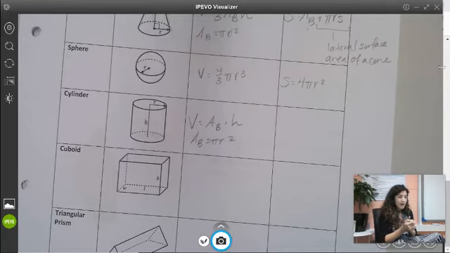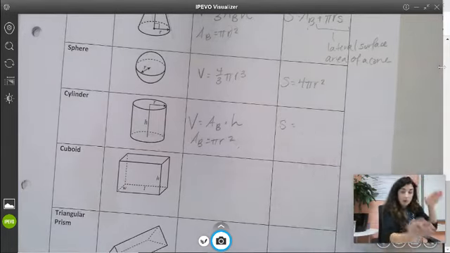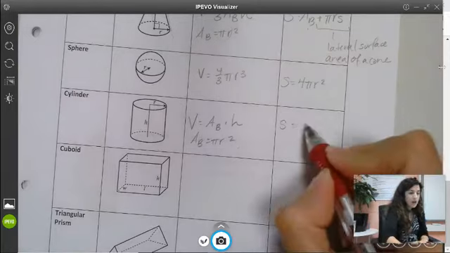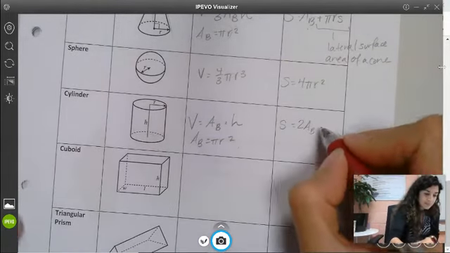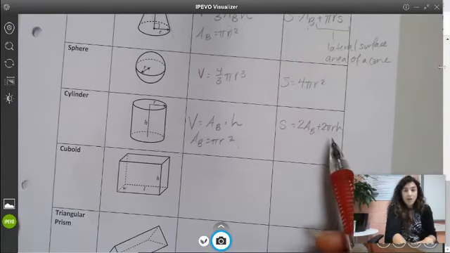The surface area is going to be your two bases. So the bases are those circles on either end. I like to think of it kind of as this tunnel. So it's the ends of the tunnel. So you've got two of those areas. So you have to make sure to do 2 times the area of the base plus 2 pi r h.